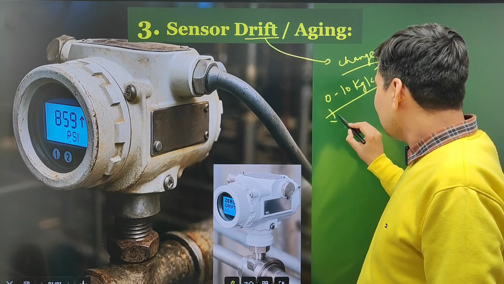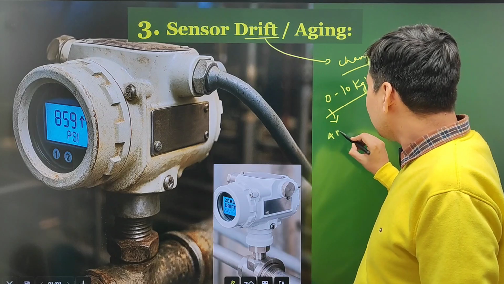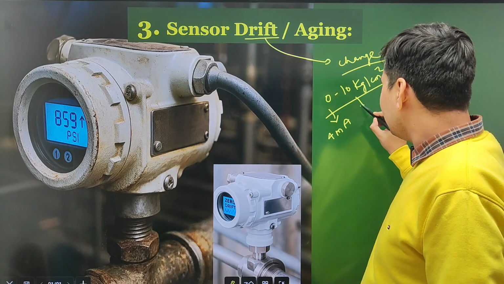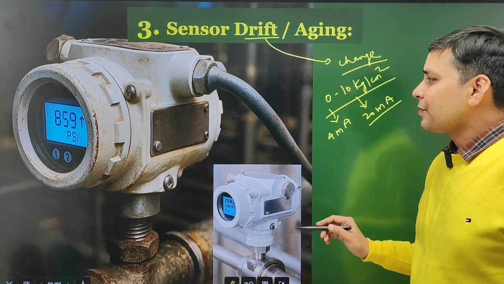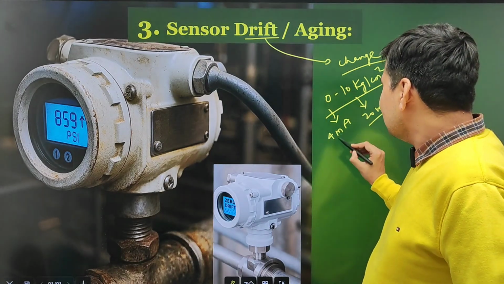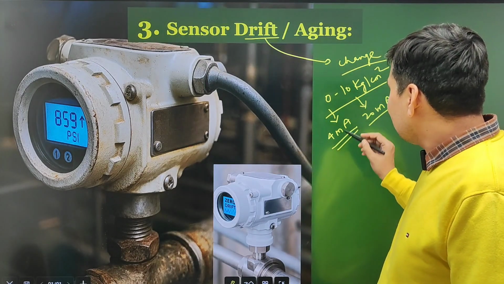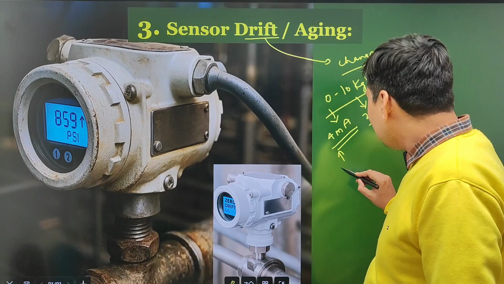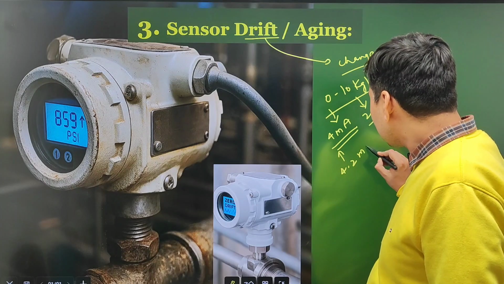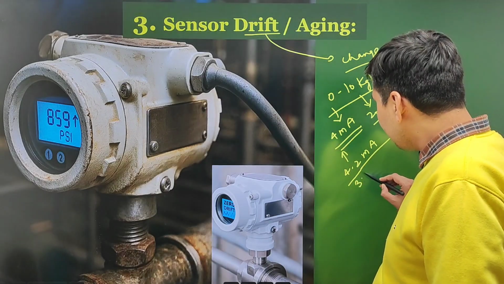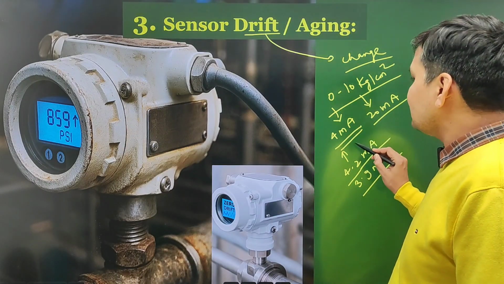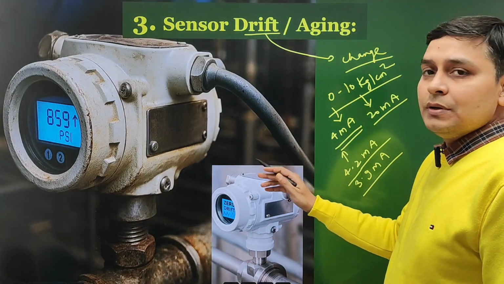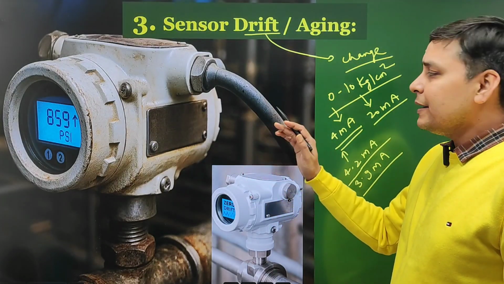So at 0 its output must be 4 milliampere and at 10 its output must be 20 milliampere. But as time passes, this reading may change. Suppose it becomes 4.2 milliampere, or it may be 3.9 milliampere. So due to this change, the transmitter will show a low reading or high reading.